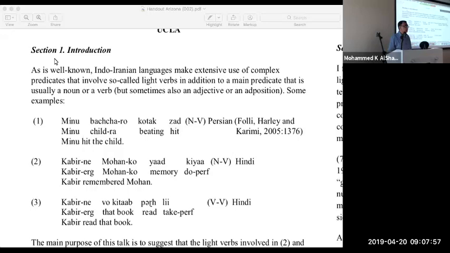That's where I'll start today. Then I'll make a transition to NV, the familiar Persian-type light verb constructions, and suggest that there is a parallel. I do not want to give the impression that their grammar is identical, but there are striking parallels in the grammar, especially with respect to case.